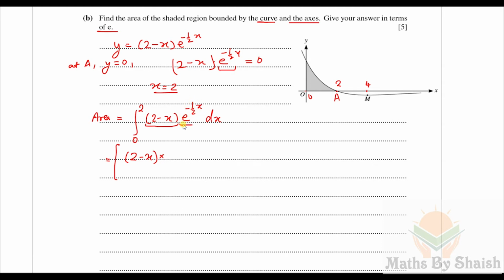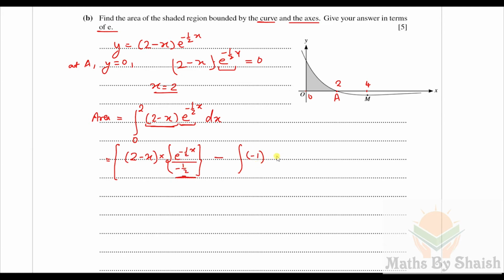The integration of the second function means e raised to the power minus 1 by 2 x, divided by the differentiation of this, that is minus 1 by 2. This is the integration of e raised to the power minus 1 by 2 x, and minus the integration of the differentiation of the first function, that is minus 1, into the integration of the second function, that is this part again.